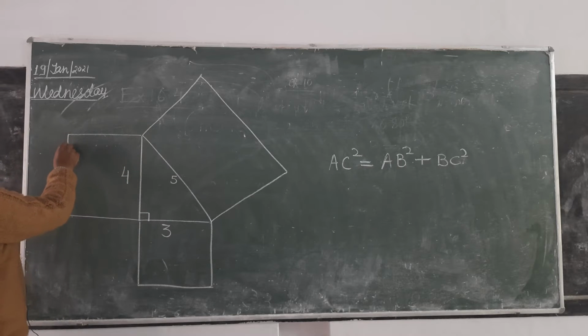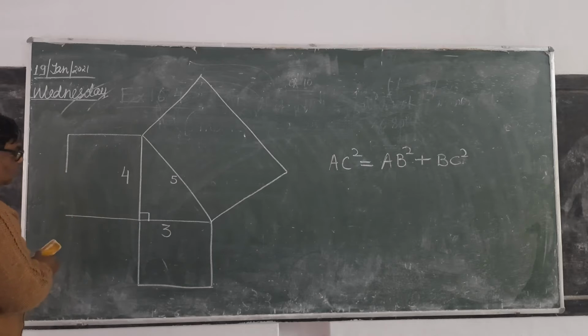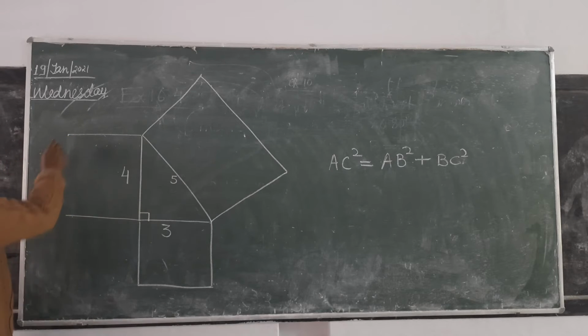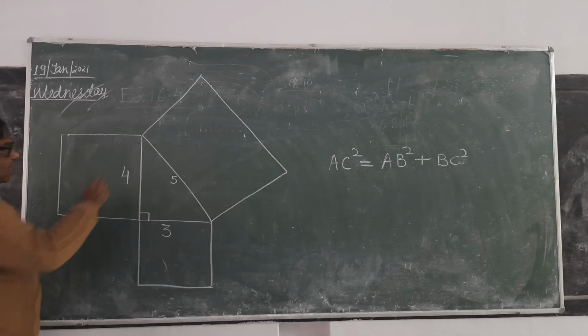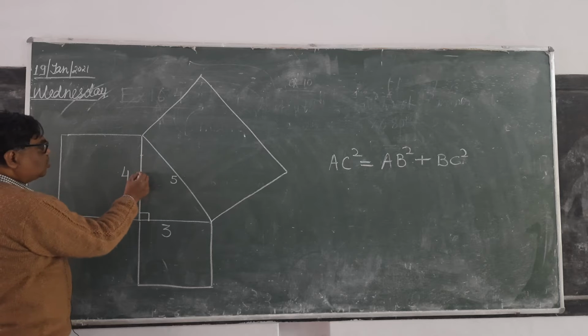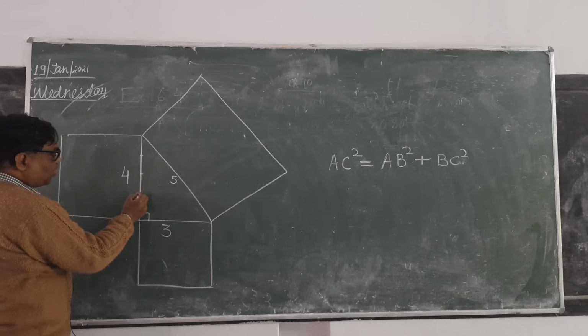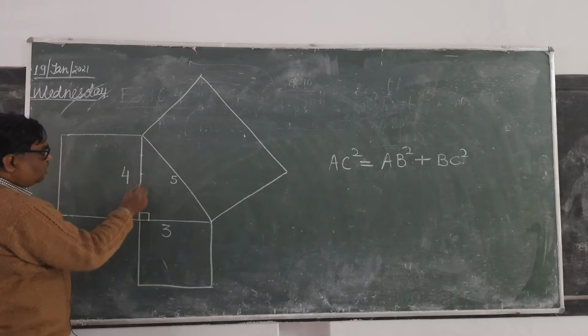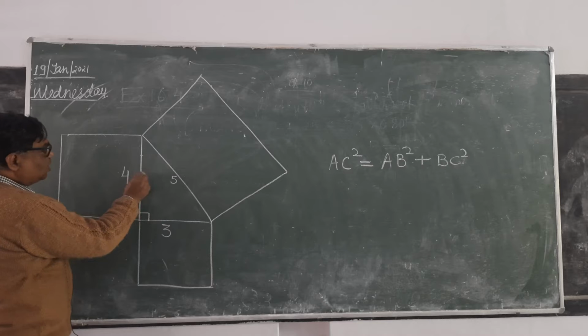Then you divide these squares into sub squares. Sub squares means छोटे छोटे स्क्वायर्स में इसको डिवाइड करना है. So how will you divide? हमने यहाँ पर इसको 1 सेंटीमीटर में डिवाइड कर दिया है. Divided into 1 centimeter. It's clear?